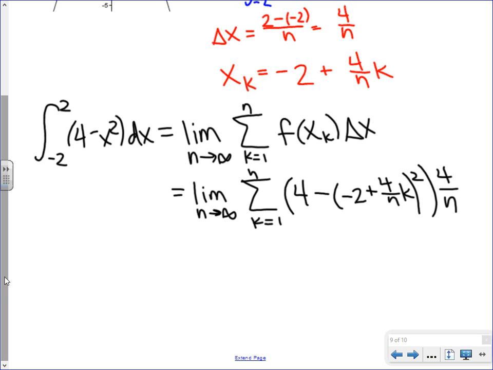Yes, we're going to have to do some algebra. The first thing we need to do is FOIL this out.